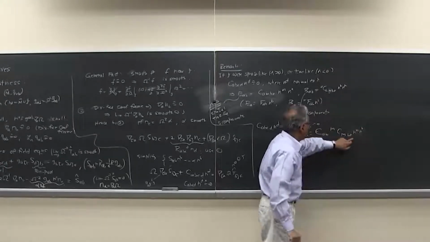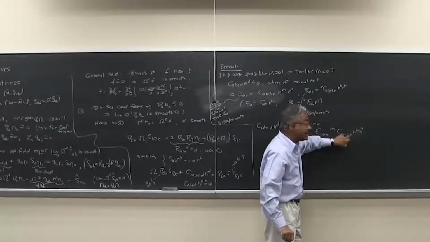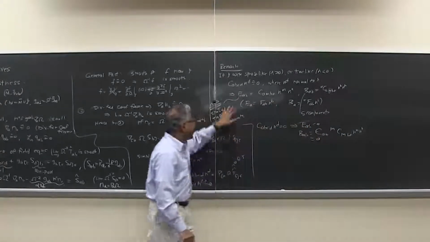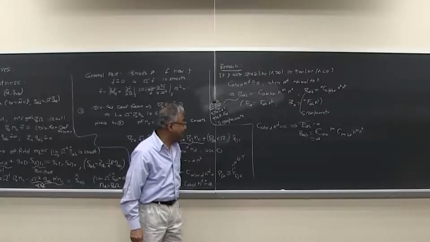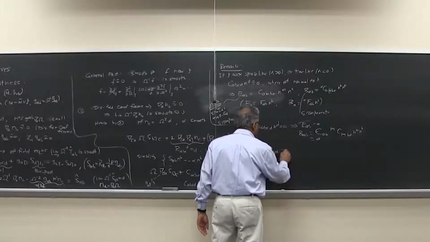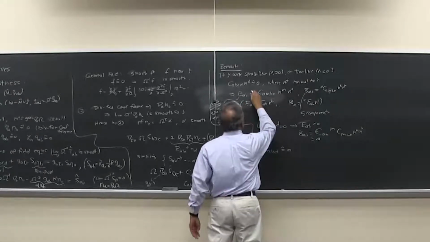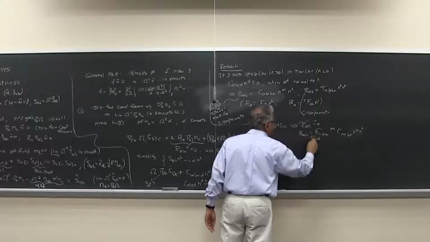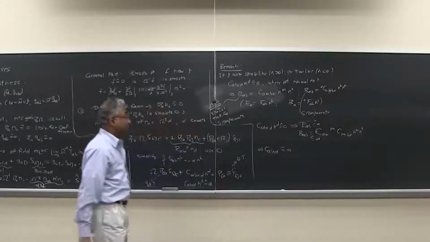So again, one of the C's is contracted with n and that is equal to 0, so that's also equal to 0. So the electric and magnetic parts are both 0 in this case, and therefore it would imply immediately that the Weyl tensor at scri would be equal to 0. So these are all equations at scri.